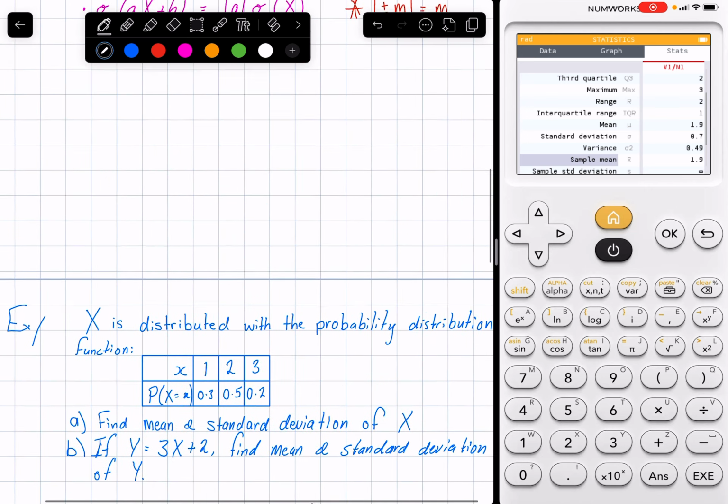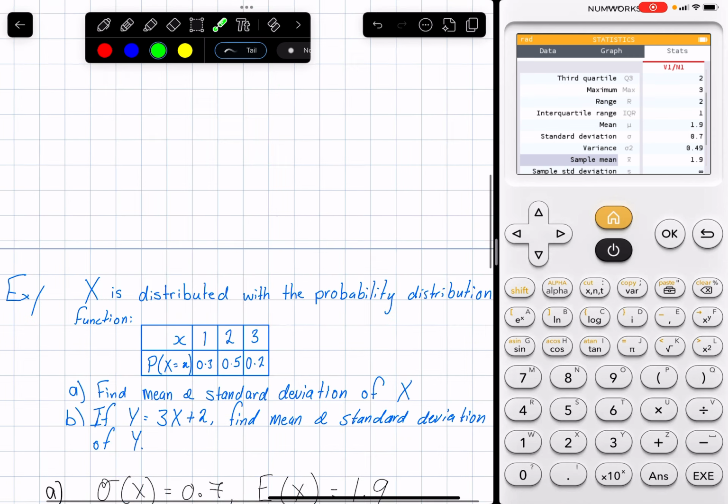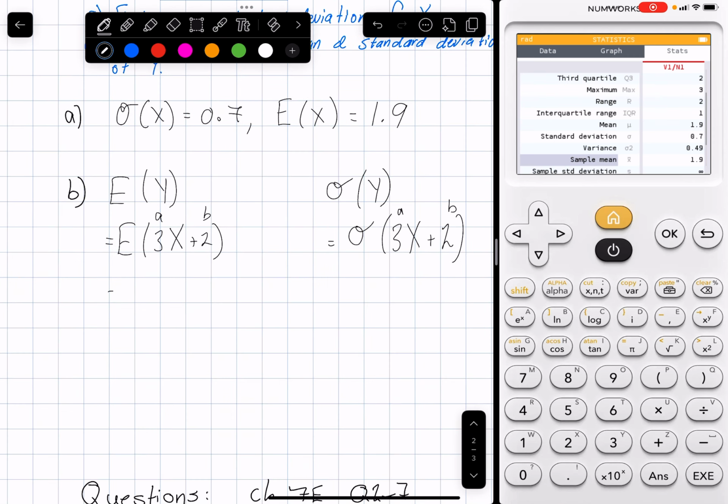If I roll back up here, we can see the expected value of this linear function is a times the expected value of x plus b. So I've got 3 times the expected value of x plus 2, which is 3 times 1.9 plus 2, which is 7.7. So the expected value or mean of y is 7.7.